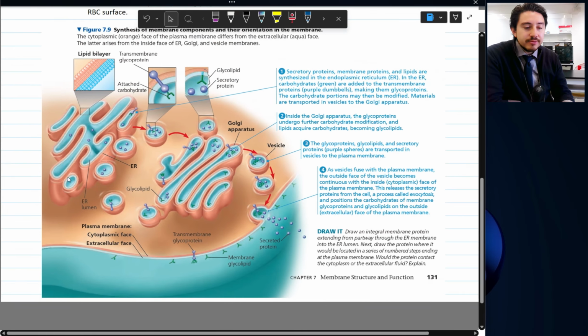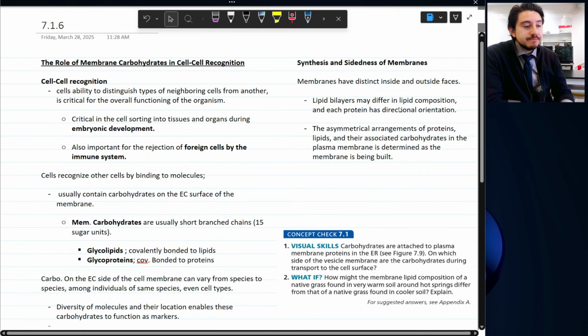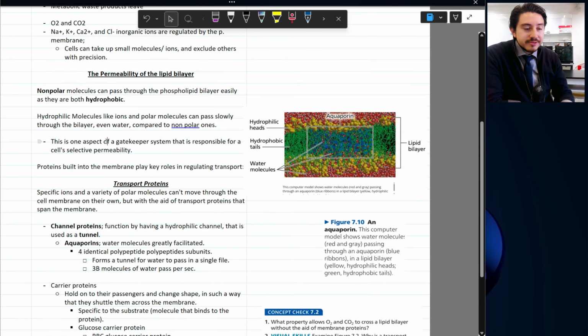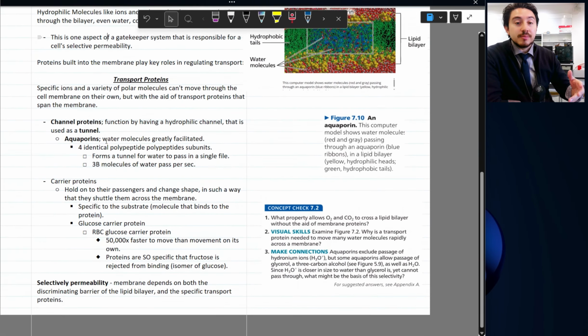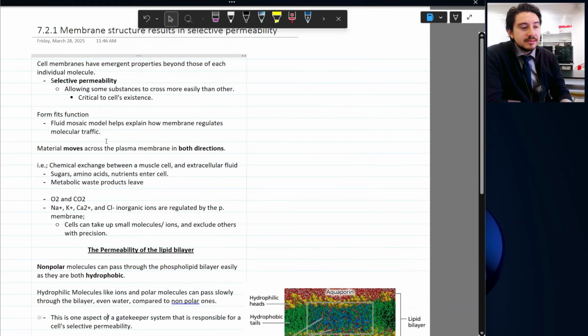Okay, and the last thing for this video is that membrane structure results in selective permeability, right? Cell membranes, of course, have emergent properties. You have so many molecules embedded within the cell membrane, and that provides a very unique ability for the cell membrane to be selective.